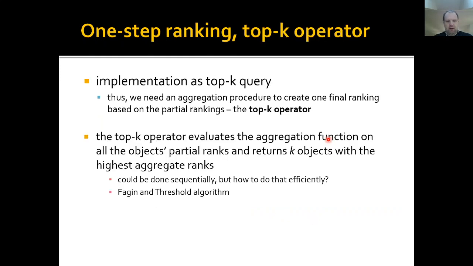So the top K operator is a database operator that basically implements this naive aggregation procedure in a more efficient way, and this efficient processing could be realized by different algorithms. We have two classic algorithms that implement the top K operator, the Fagin and the threshold algorithms.